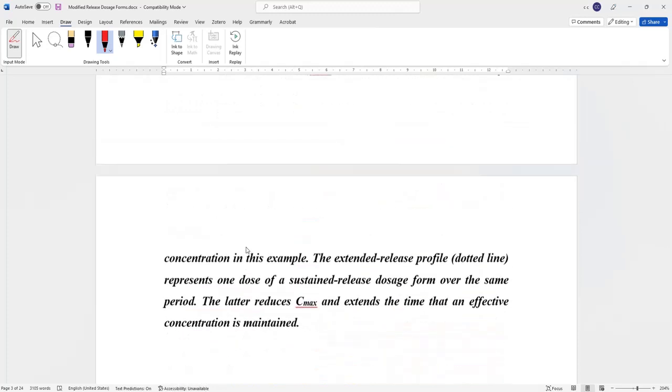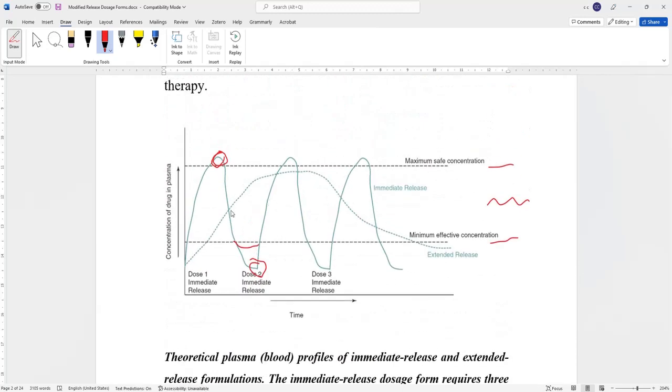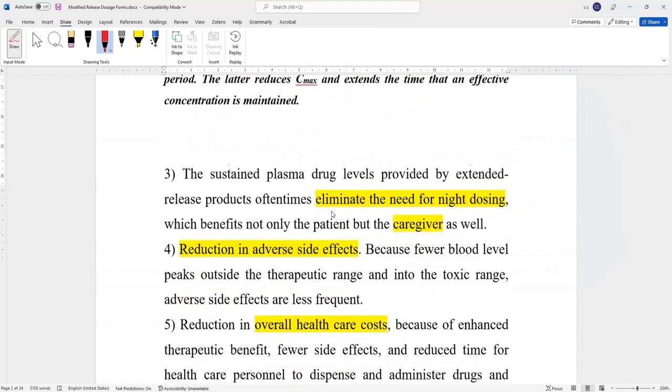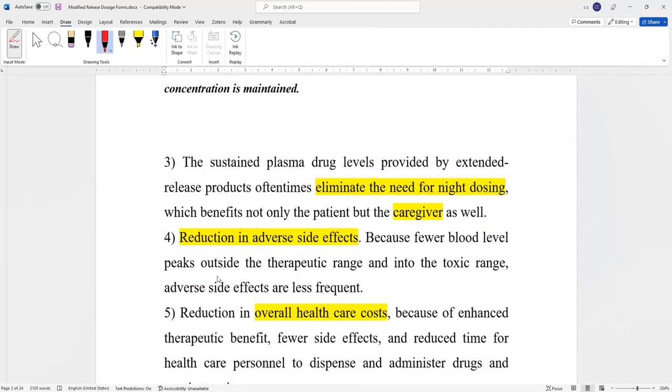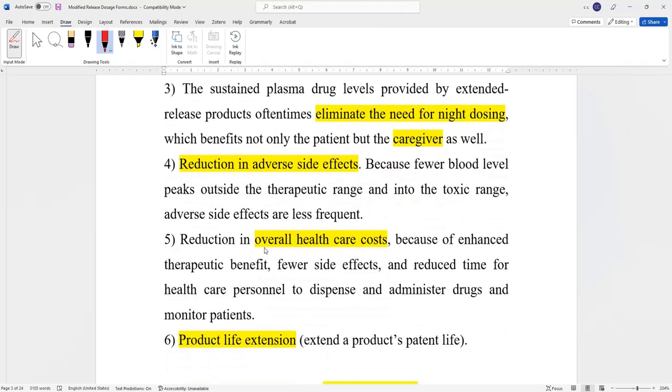Also, as we explained here in the graph, you have an optimum concentration for a long time, and you are reducing the possibility of side effects. So certainly this is something good, a reduction in adverse effects.